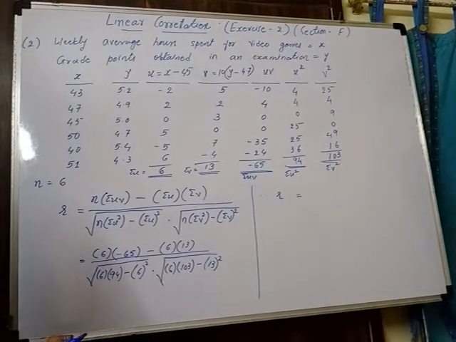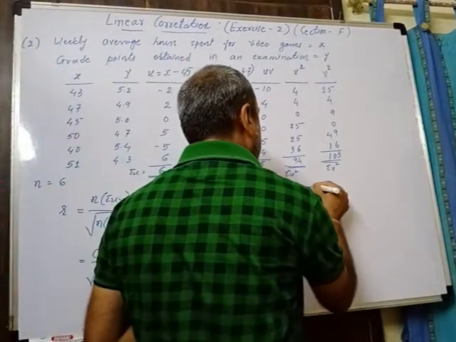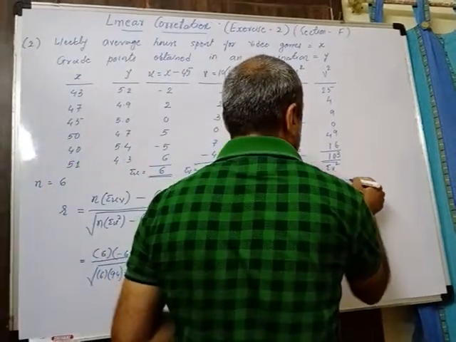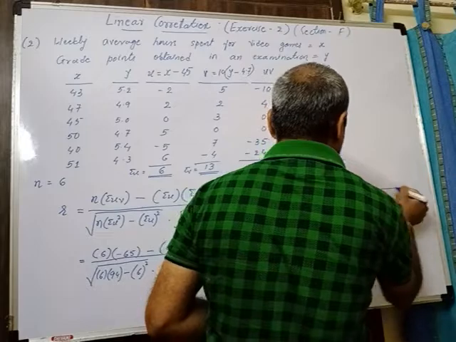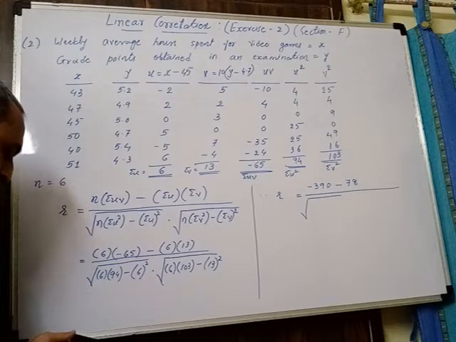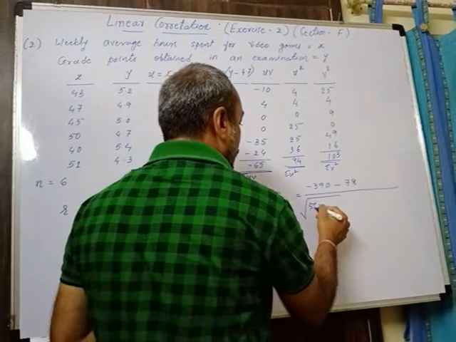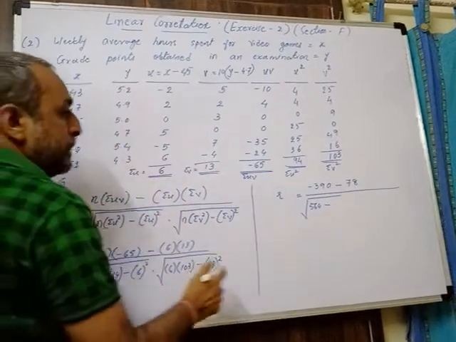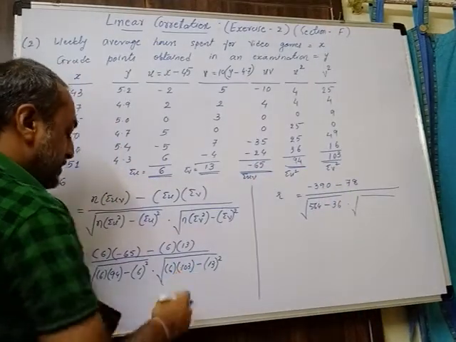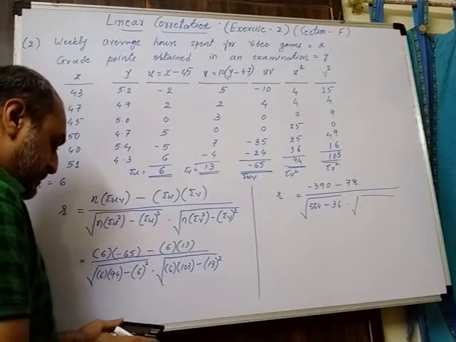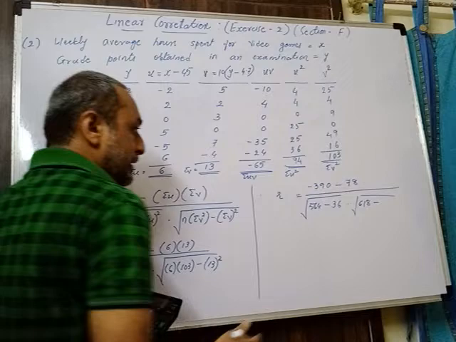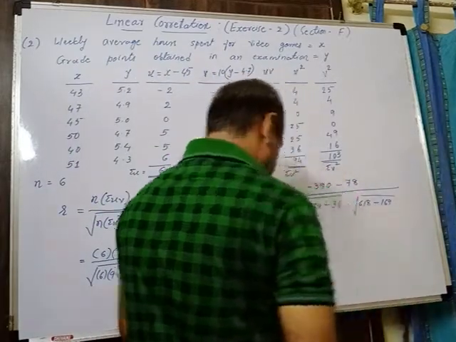So 6 into 65 is 390, but it will be minus value. 390 minus 13 into 6, 78, divided by, into the first root, 6 into 94 is 564 minus 6 square is 36, into another root, 6 into 103 is 618 minus 13 square is 169.